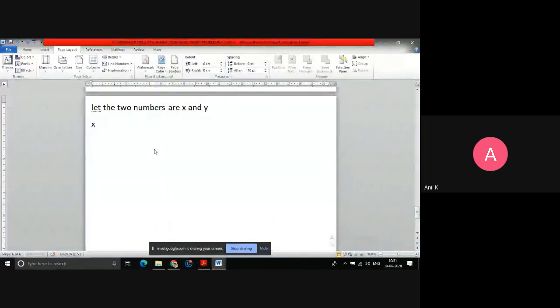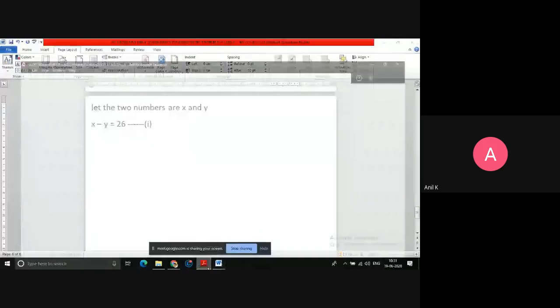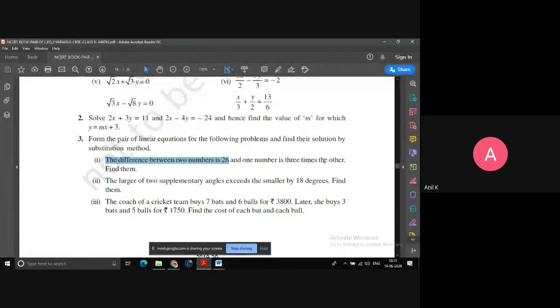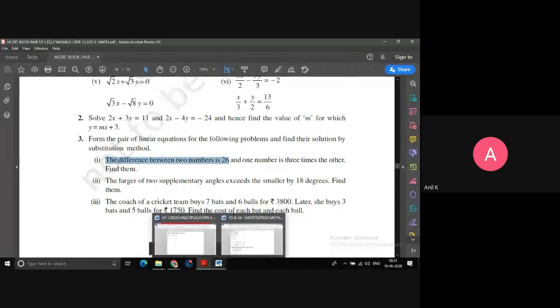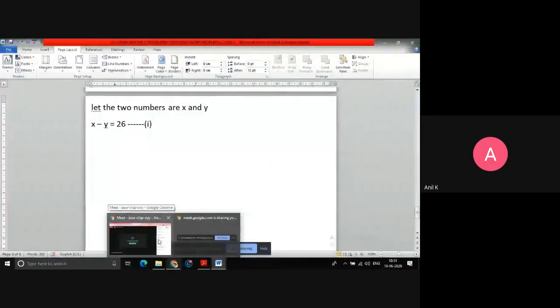So difference is 26 means I have to put x minus y equals to 26. So first condition is easy and you already got it. Now, what is the second condition? One number is 3 times the other. Now tell me what should I write for that and wait for your reply.